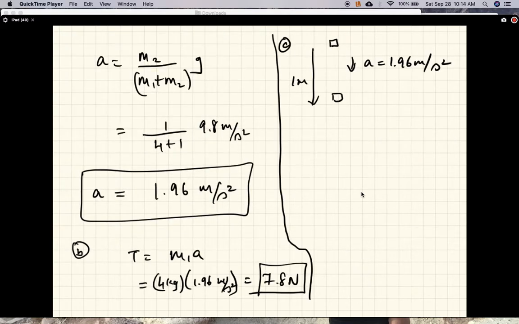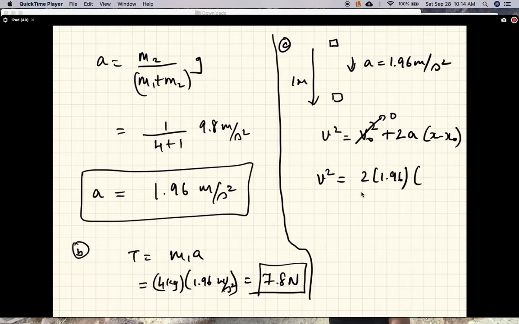So we can use this equation: final speed squared is equal to initial speed squared plus 2a times the distance traveled. Initial speed is 0, so v squared is 2 times 1.96 times 1 meter.